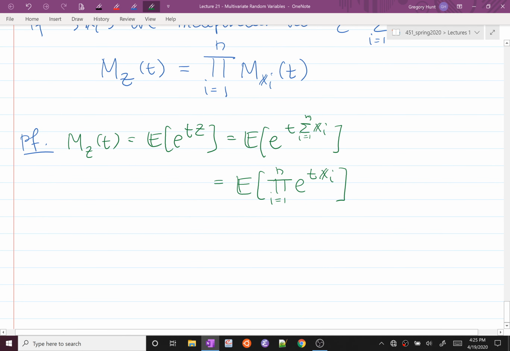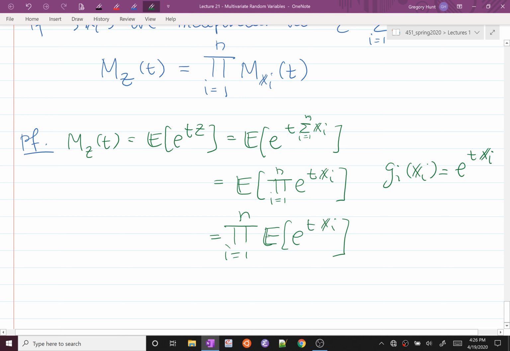And if the x sub i are independent, then our g sub i of x sub i is e to the t x sub i. These are all independent, and so we can distribute this expected value through the product.